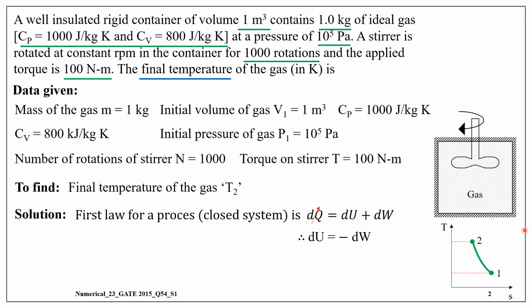Du is the change in internal energy. It is expressed as mCv dT, and dT is T2 minus T1. M is the mass of the gas. Cv is the specific heat capacity at constant volume.